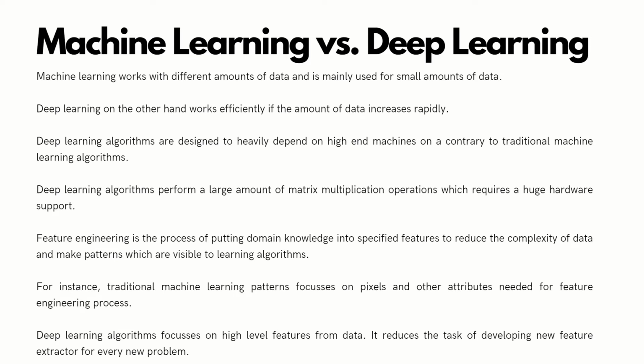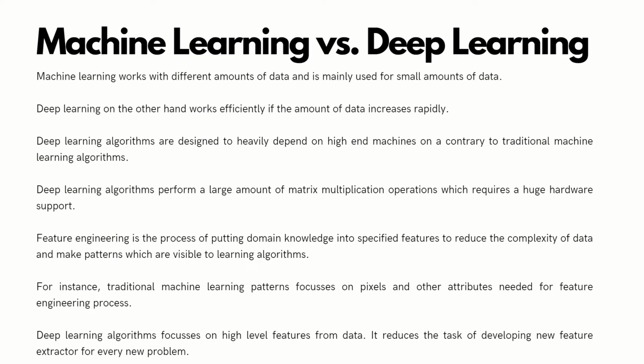Another difference between the two is in the concept of feature engineering. Feature engineering means putting the domain knowledge into the specified features. That means you want to convert the textual or domain knowledge into the form of features so that the complexity of the data can be reduced.